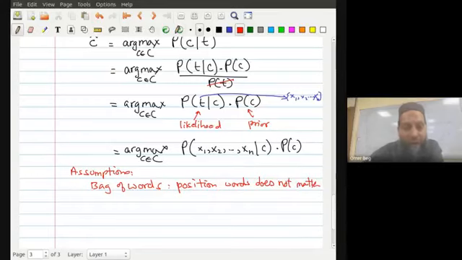I'm going to tell you how it applies to calculating this probability. The other assumption is the conditional independence of words. In general, naive Bayes uses these two assumptions, saying that feature probabilities are independent.